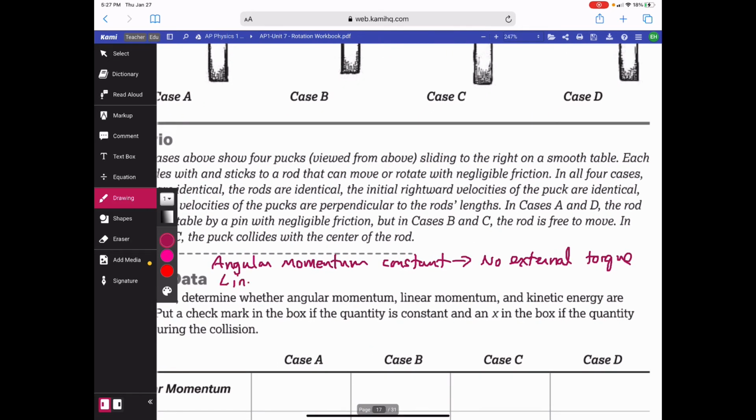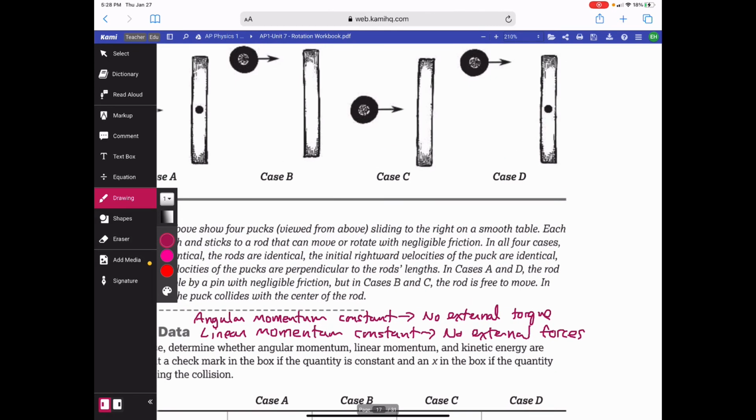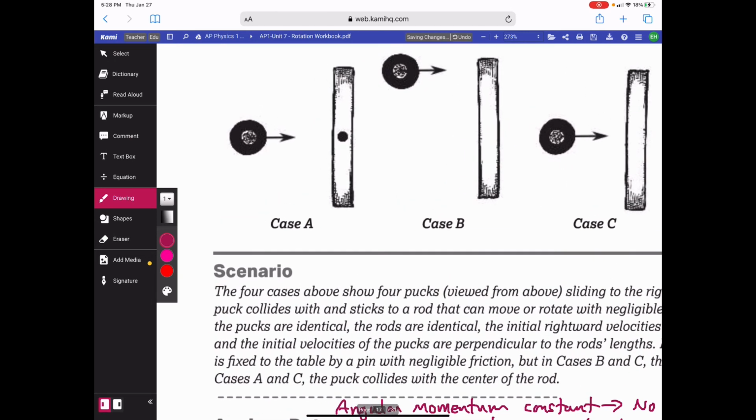Linear momentum, well, that's going to be constant. When I say constant, I mean conserved, when there are no external or net forces. When two objects collide, so let's take, for instance, letter A, this is object 1, this is object 2. Object 1 is going to apply a force on object 2, and object 2 is going to apply an equal and opposite force on object 1.